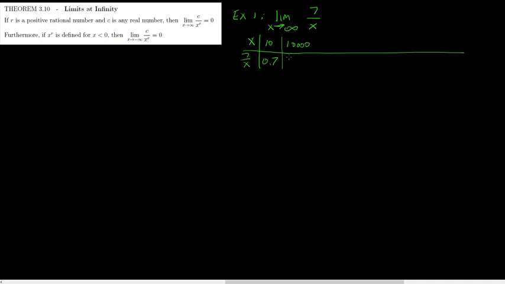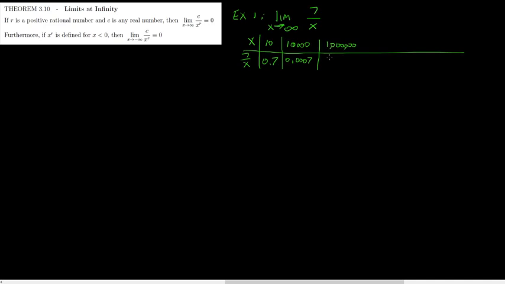So you have 7 divided by 10,000, which is 0.0007. Did I have enough zeros? So let's see. It's 10, 100, 1,000, 10,000. Yep, I think I have the right number of zeros. And you can see that this is a fairly small number. So what happens if you plug in an even bigger number, like 1 million?